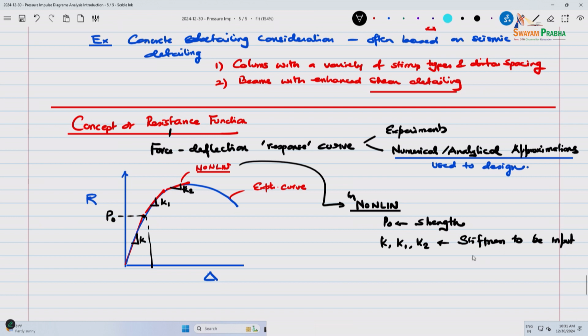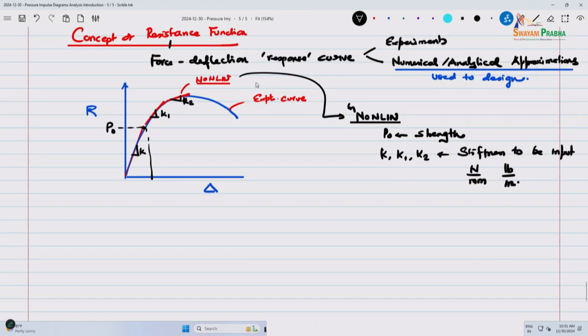And these stiffnesses are either in newtons per millimeter or newtons per meter or in pounds per inch. So the system itself solves three different equations depending on how many you provide.